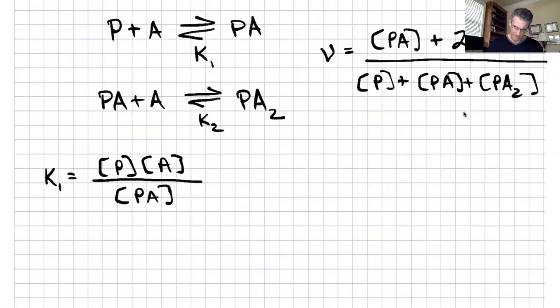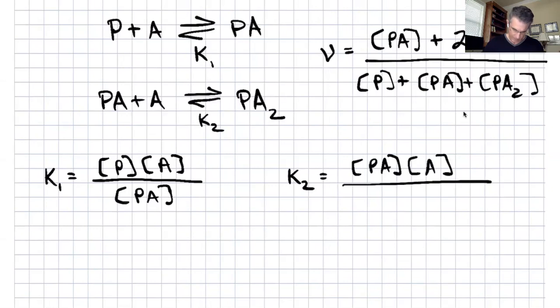And we'll say K2 is the same sort of thing, simply equal to the concentration of PA times the concentration of A, divided by the concentration of PA sub 2.